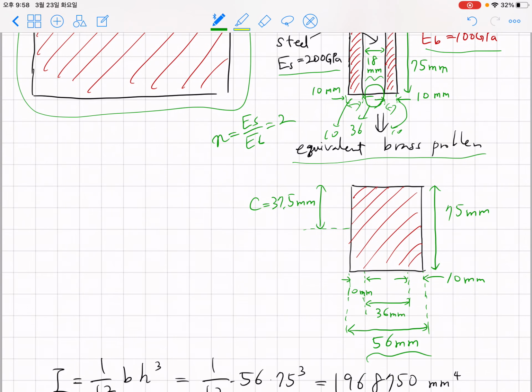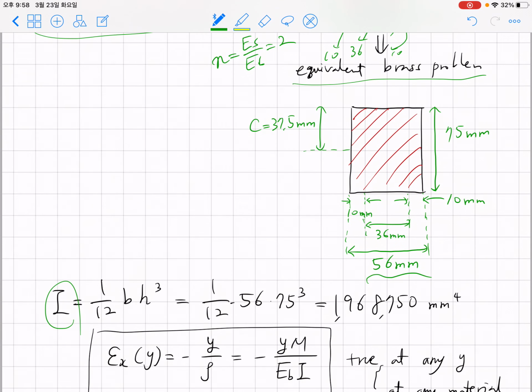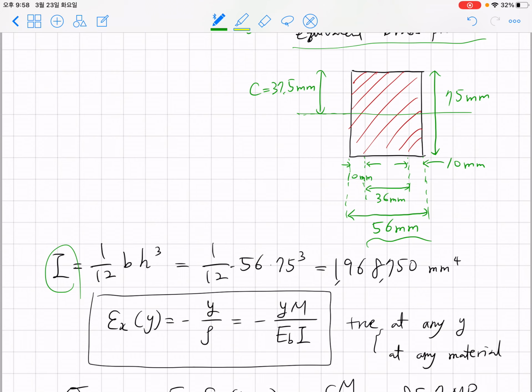And since this is equivalent to a single material problem with brass property, we can obtain the value of I and the location of the centroid really easily. The centroid is at the center of this rectangle, and if we obtain the value of I for this brass problem, it becomes this value.